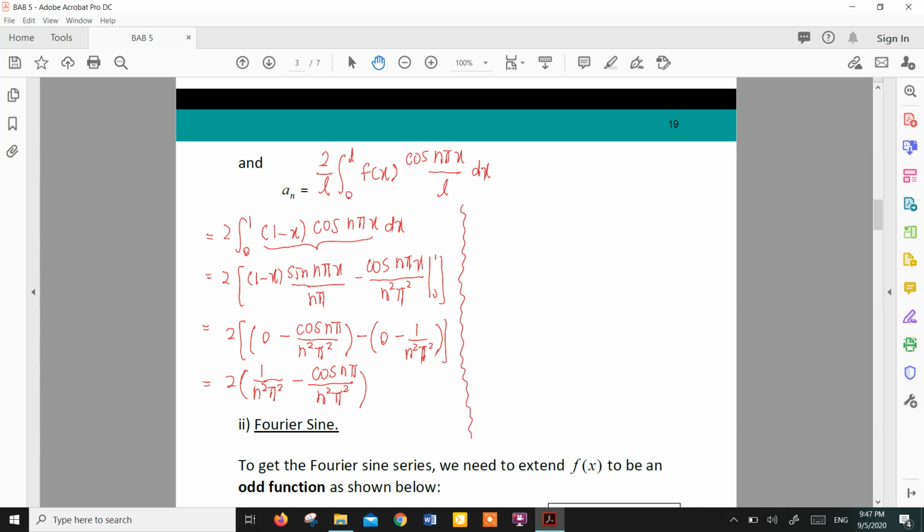Okay, then you simplify, you will get 2 over n squared pi squared times (1 minus cos n pi). So if you have cos n pi, you can change it to negative 1 to the power of n, right?